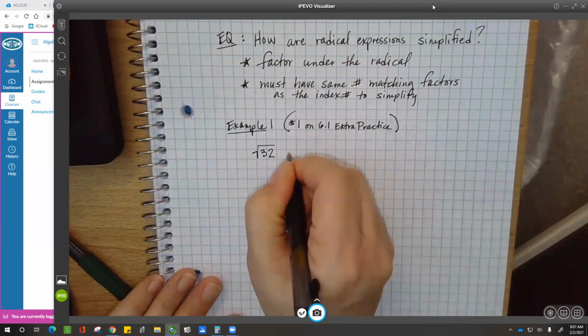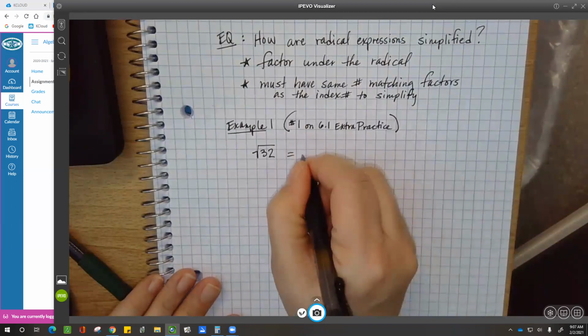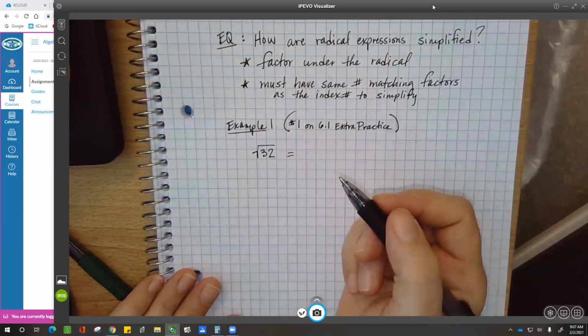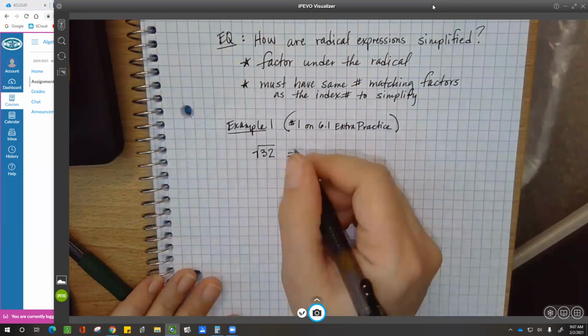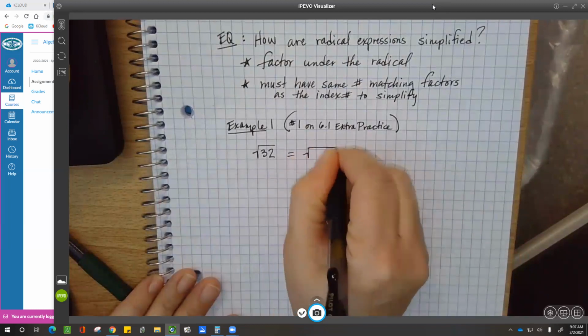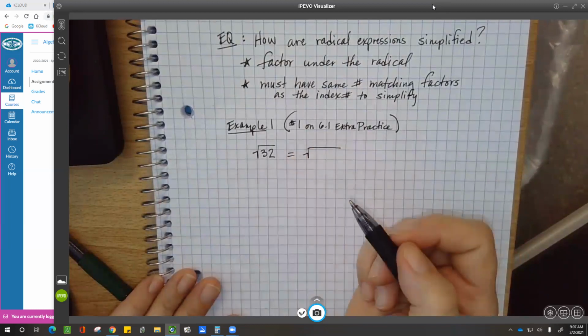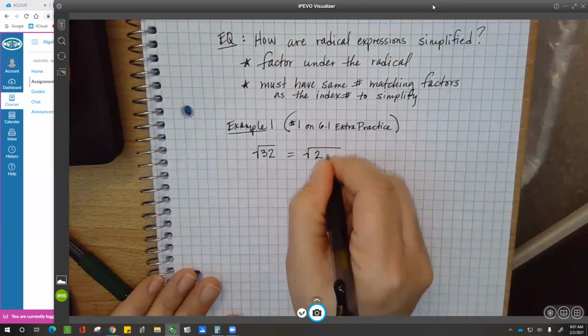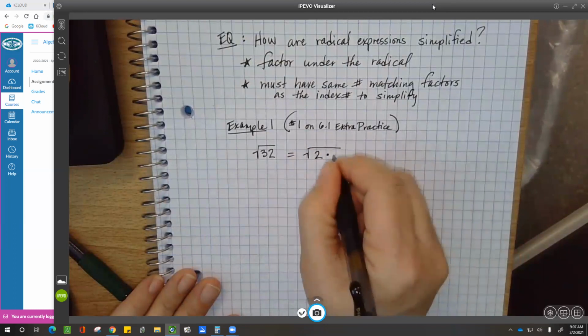I'm going to start breaking this down into factors. So I need to know what can I multiply together to get 32. That's what factors are. And as I do this, I'll leave it underneath the radical symbol. So it's an even number. I can divide by 2. 32 is 2 times 16.